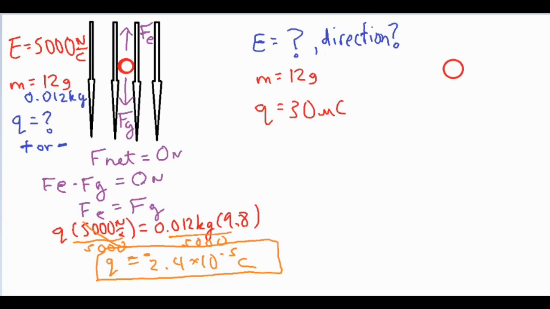Our second problem is fairly similar, but we do not know what the electric field is and which direction it's pointing, but the setup is going to be fairly similar. It's going to look like this.